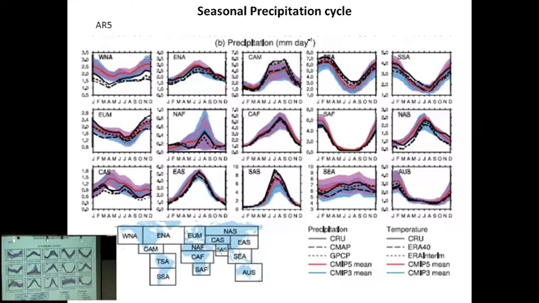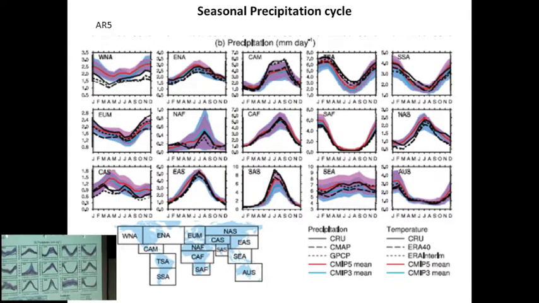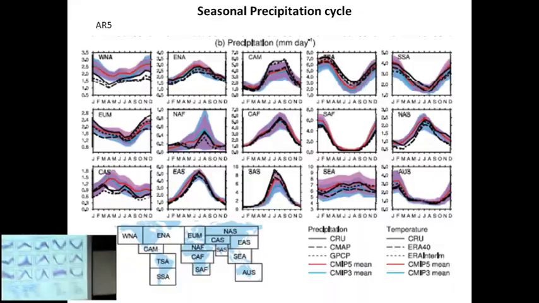But with respect to other data sets, there is still some underestimation. Yeah, it's underestimating compared with the other sets. So here is an example that every observation data set also has an uncertainty that needs to be taken into account as well.